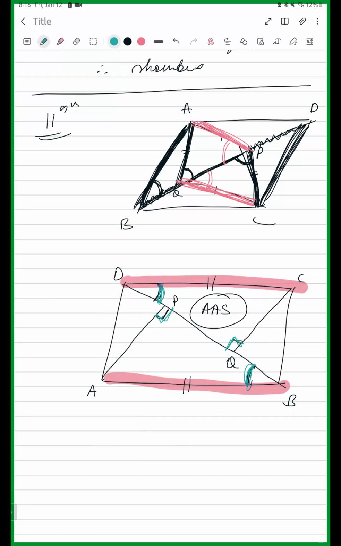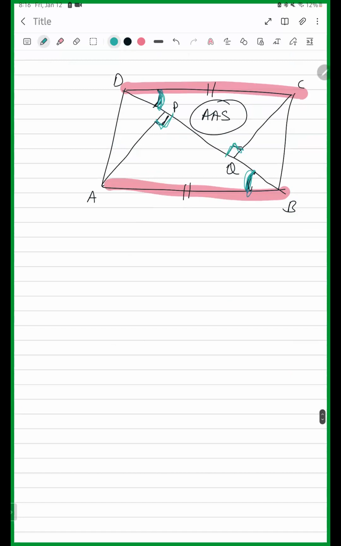So next, last question. ABCD is a trapezium. They have drawn it like this.